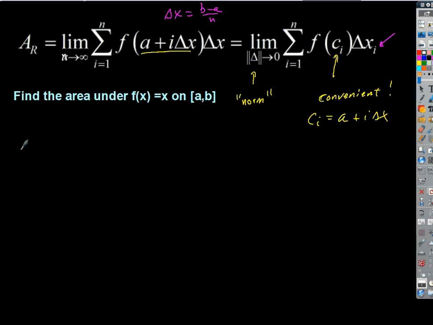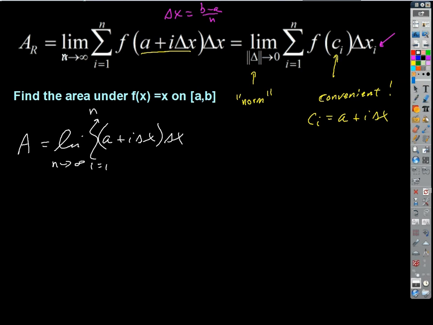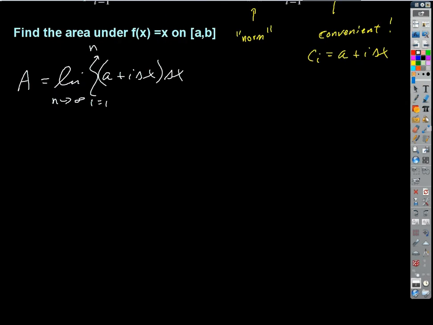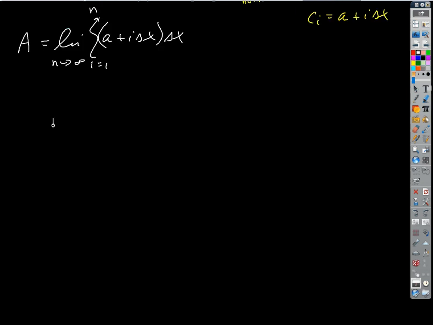So our area is equal to the limit as n goes to infinity of just the quantity a plus i delta x times delta x, right? The sum of that, sorry. Sum of that as i goes from 1 to n. What's delta x? B minus a over n. There we go. So we could write this.